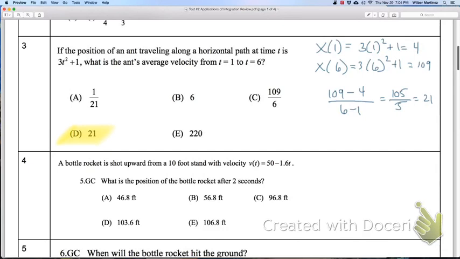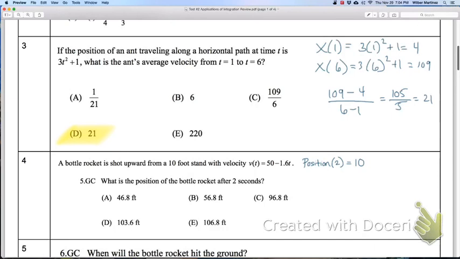For number 4, it says a bottle rocket is shot upward from a 10-foot stand with a velocity given by that function. What is the position of the bottle rocket after 2 seconds? So again, position. Let's remember how to find position. Position at 2 seconds takes into account the initial condition.